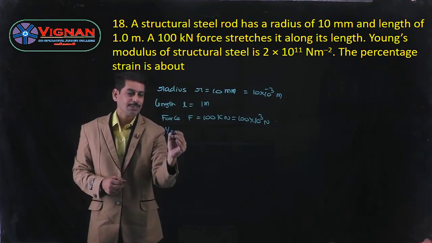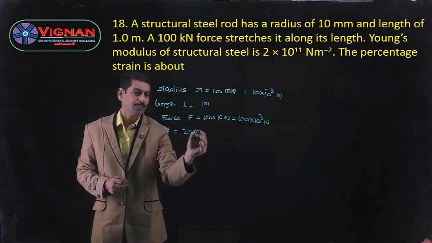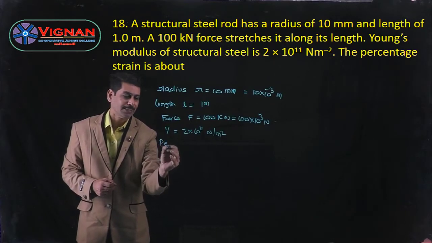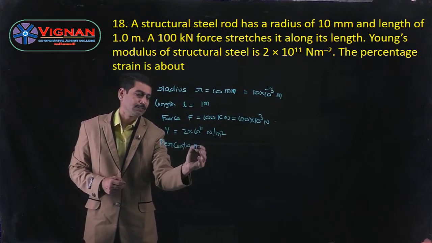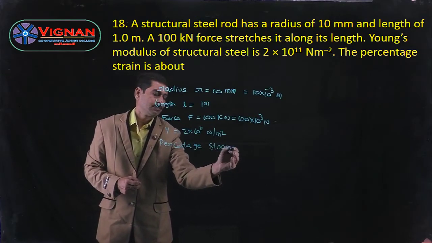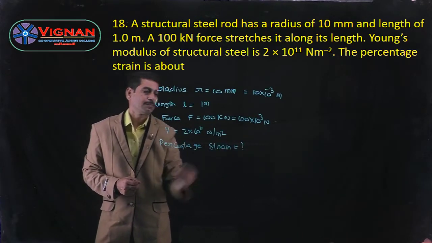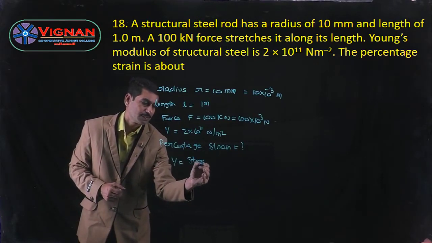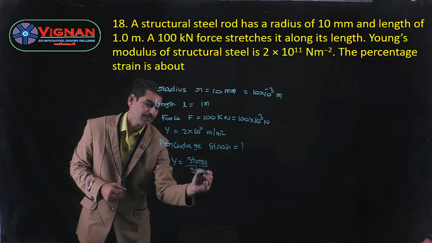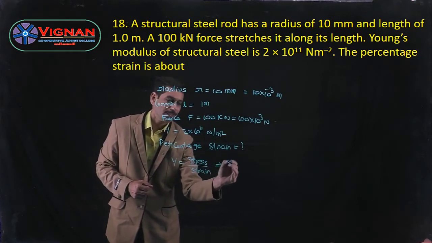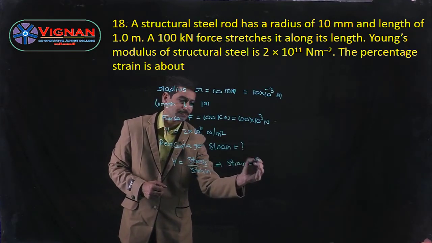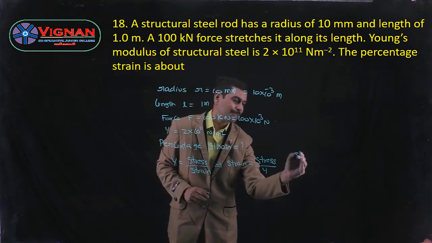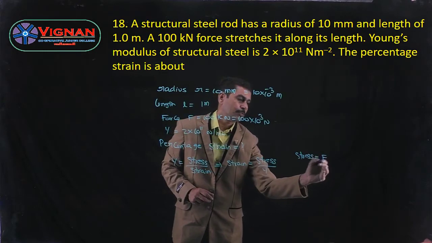So the Young's modulus Y is equal to 2 into 10 power 11 Newton per meter square. We are asked to find the percentage strain. So the Young's modulus is given as Y is equal to stress by strain. So from this we get the strain as stress by Y, and we know stress is nothing but force by area.